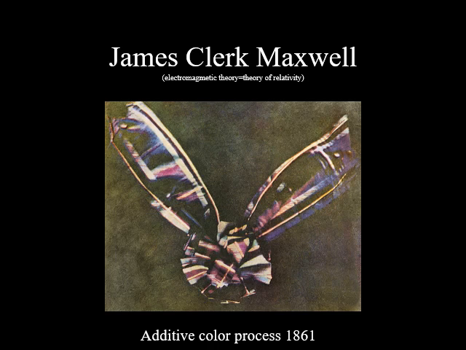So James Clerk Maxwell came up with the idea of having three separate photographs with different filters. So a red filter, green filter, blue filter in front of the camera as it's taking the pictures. And then you would take the three negatives, put them in essentially three different projectors, each one with a red, green, blue filter.